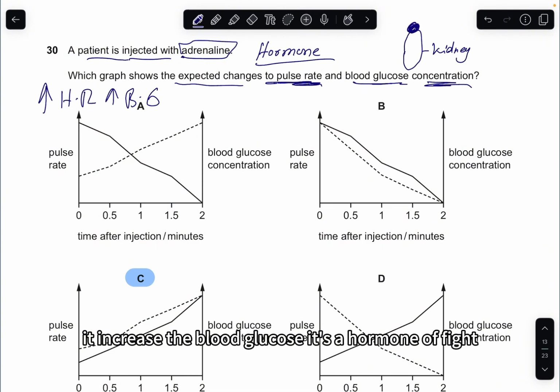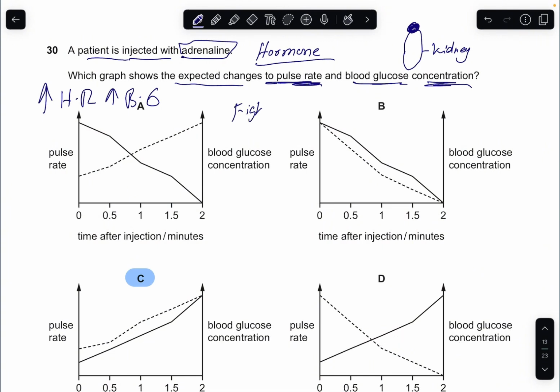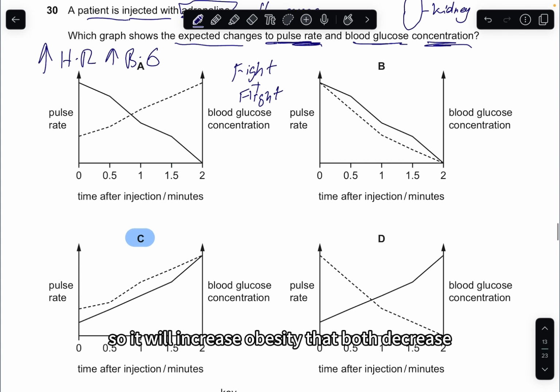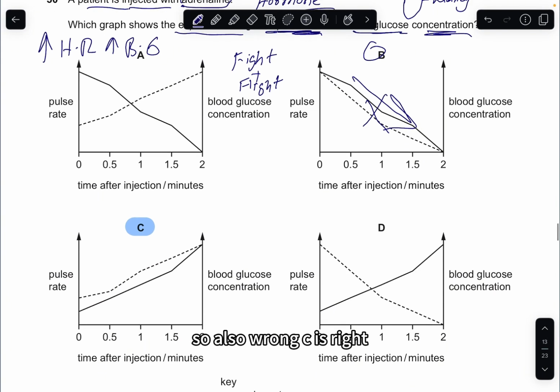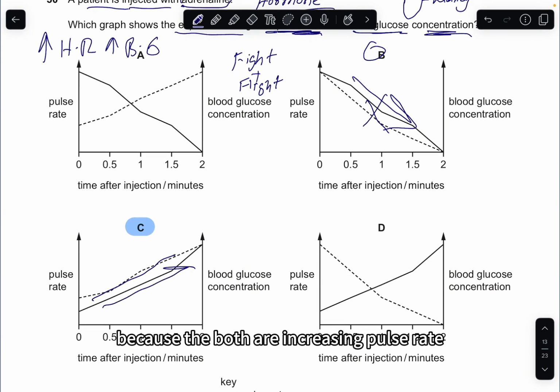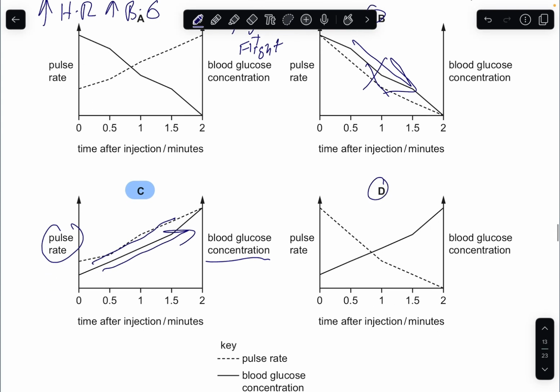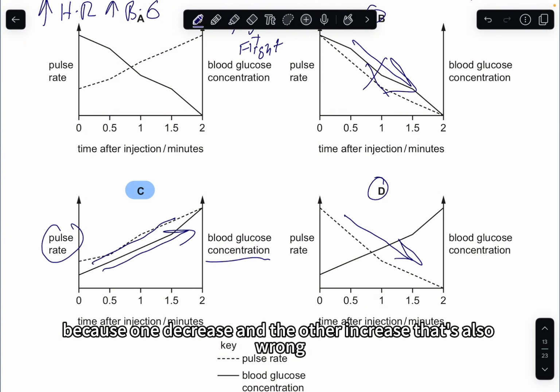It's a hormone of fight and flight that makes you ready when you are running or have any kind of emergency situation. So it will increase. B says that both decrease, so also wrong. C is right because both are increasing, pulse rate and blood glucose concentration. D is wrong because one decreases and the other increases. That's also wrong.